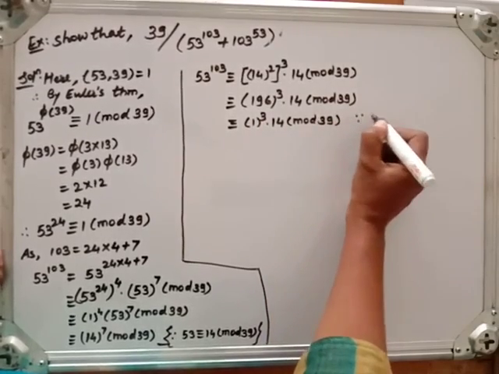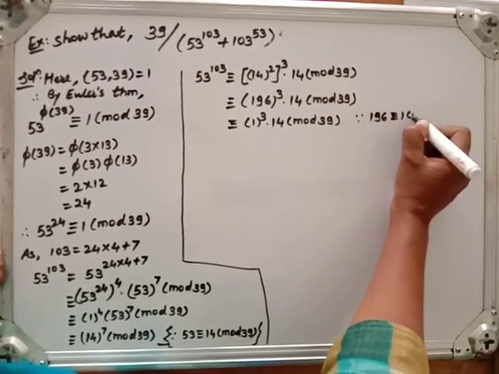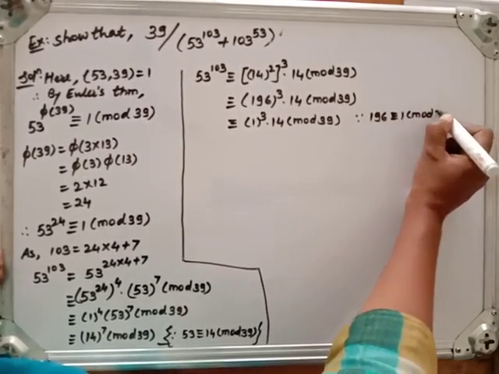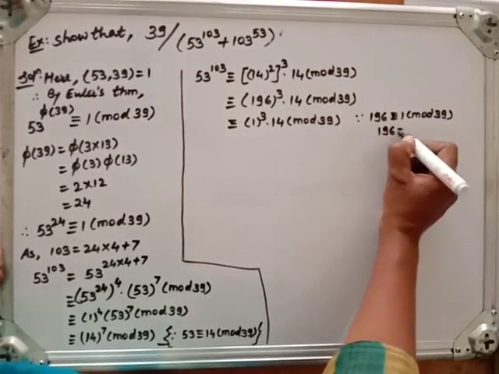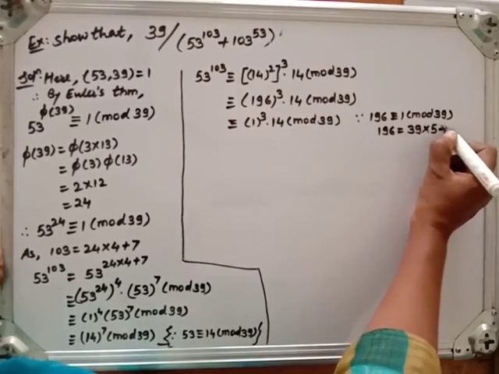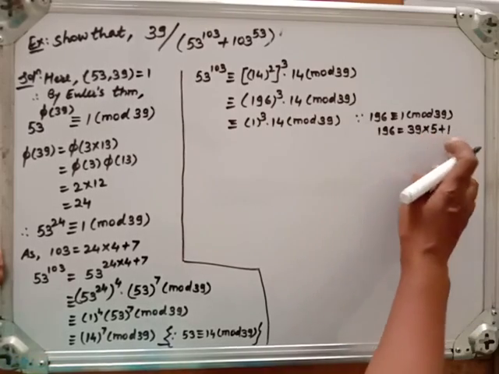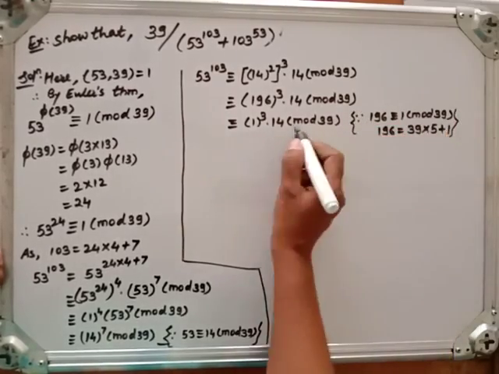Now here again a reason: 196 is congruent to what? 1 modulo 39. Why is this? We can find 196 equal to 39 into what? 5 plus 1. So the quotient will be 5, remainder is 1. So that's why this is a step. Okay.